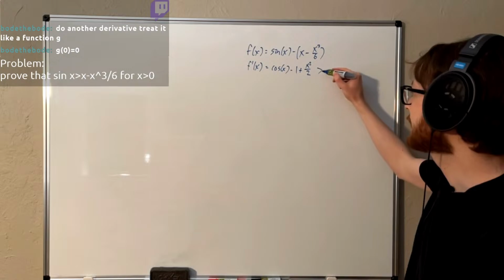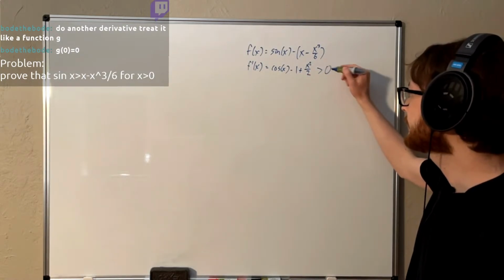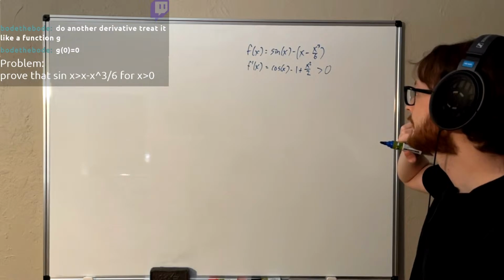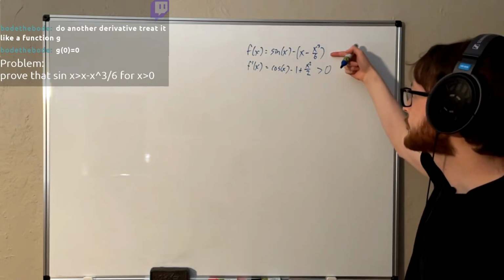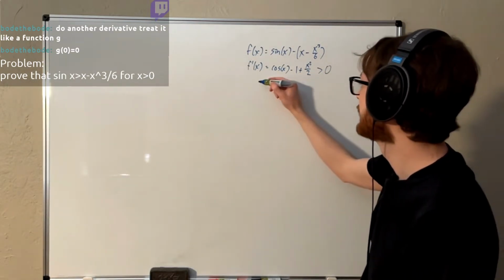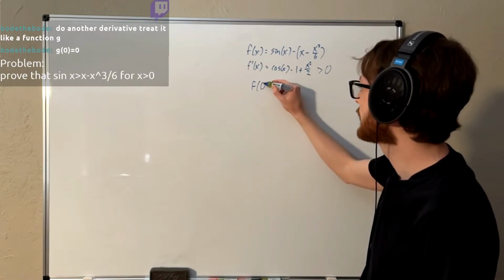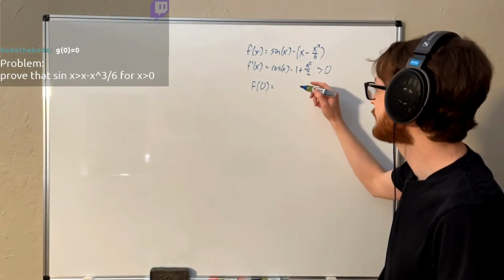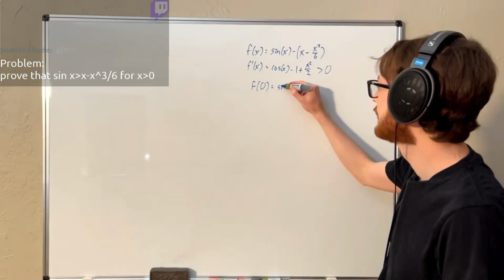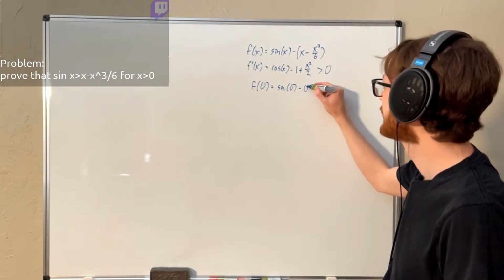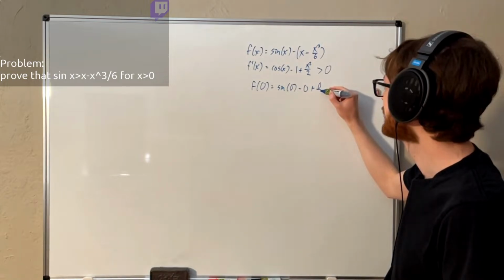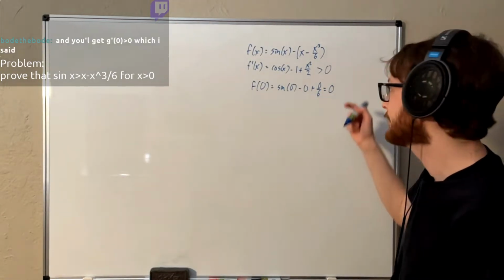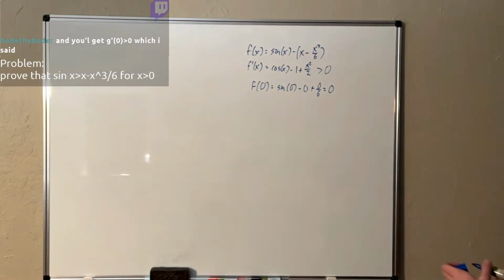But I do like that if we can show that this thing is positive, that the derivative is always positive, and that the initial function is 0 or a positive number, then the difference is always positive, and that kind of proves our inequality. So if we start at 0 and we're always increasing, I think that's our job done.